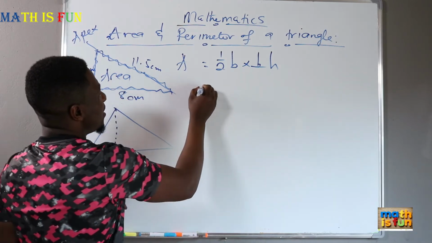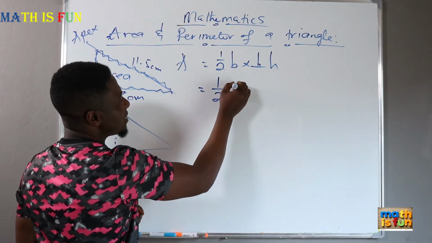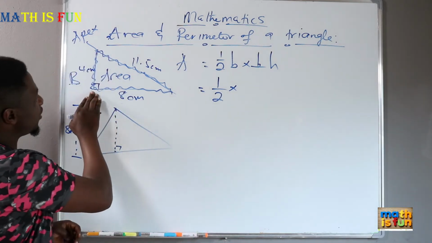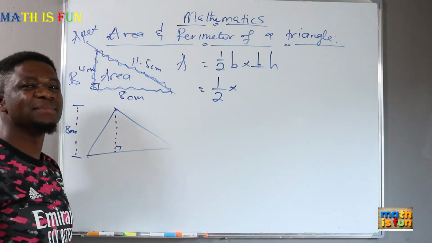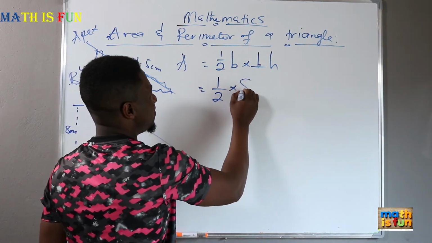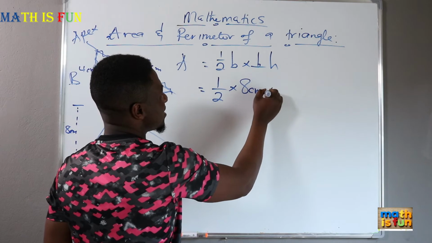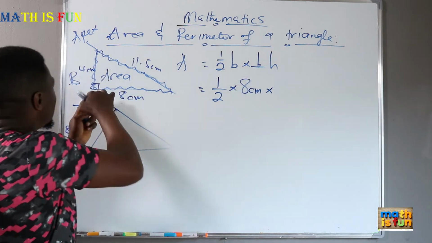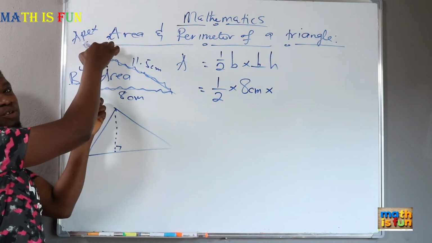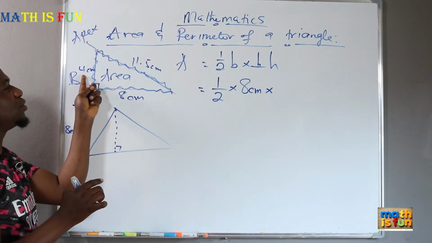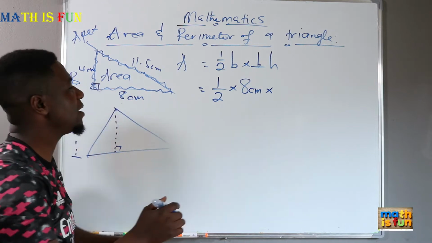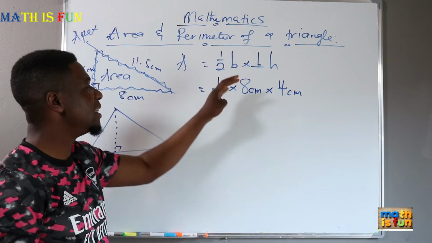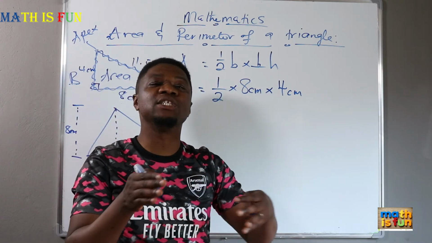I've got the base to be 8 centimeters, so I'll write here 8 centimeters multiplied by the perpendicular height. The height of the triangle is up to this point, so I'm going to use 4 as my perpendicular height. So 4 centimeters. Good.